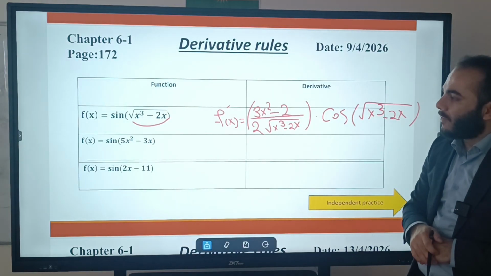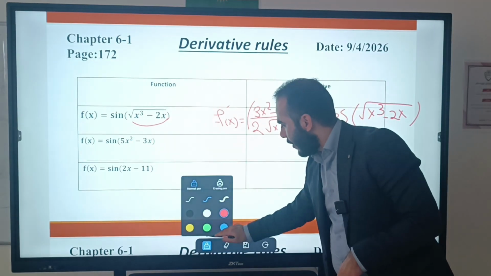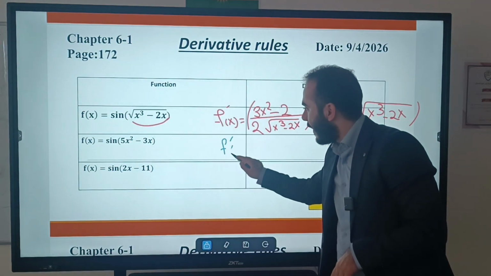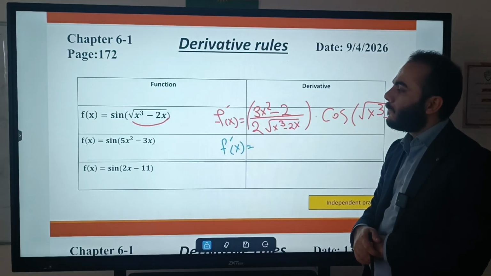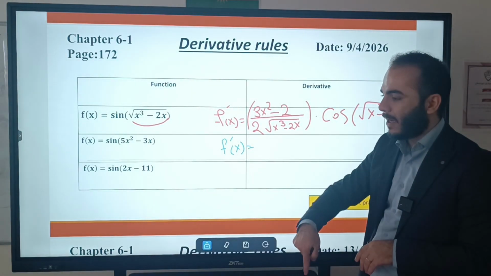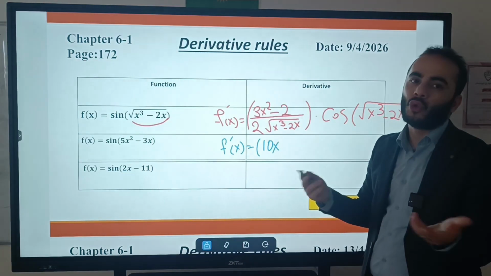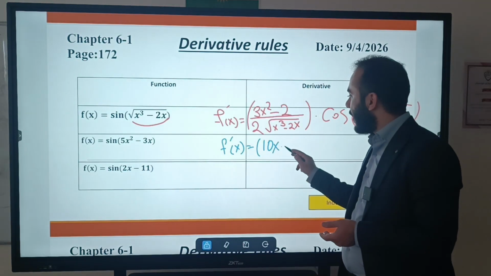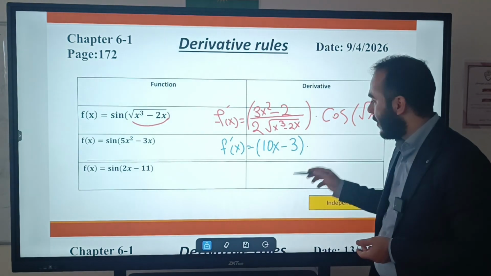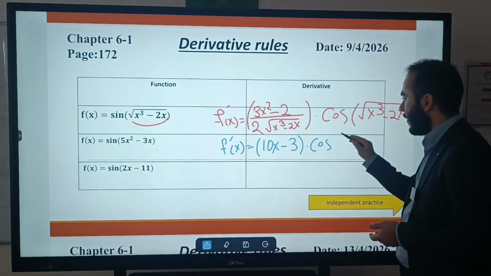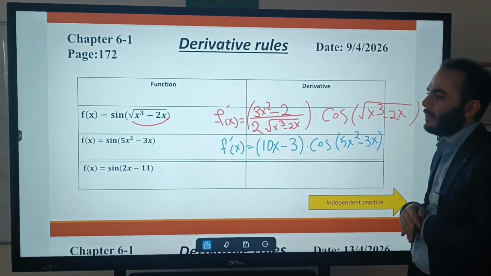How about the derivative of f of x equals sine of this polynomial? We're going to say that f prime of x equals the derivative of 5x squared: 2 comes down, 2 times 5 is 10, x to the power of 1 less, so 2 minus 1 is 1. Minus the derivative of 3x, which is 3. Times the derivative of sine, cosine of the same thing, 5x squared minus 3x.